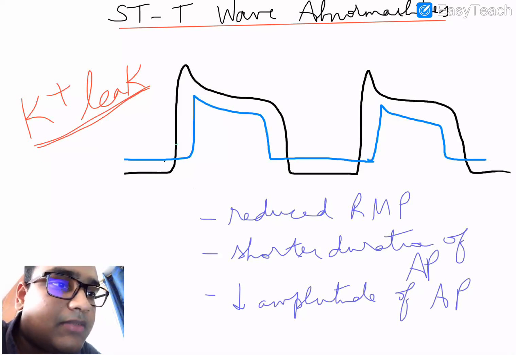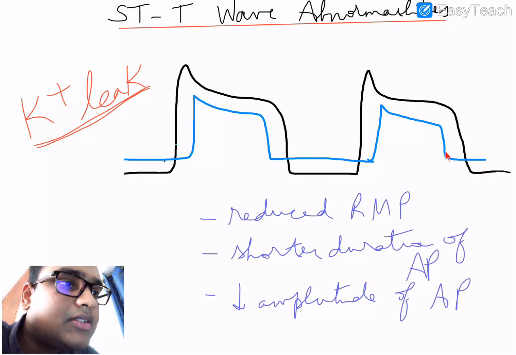As you can see, the black line here shows the normal action potential of a cardiac muscle fiber, and the line in blue here shows the action potential in a cell with ischemia. The first thing is there is a decrease in resting membrane potential. Say this is minus 90 millivolts, so this would be around minus 70 millivolts.